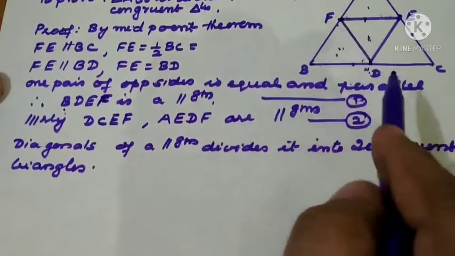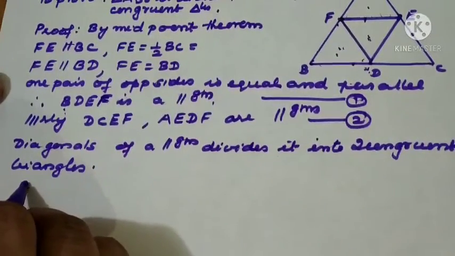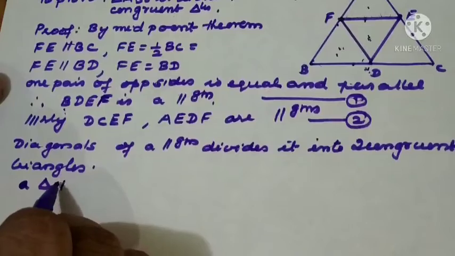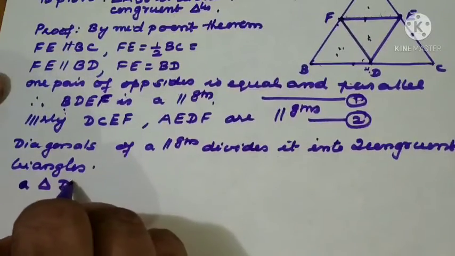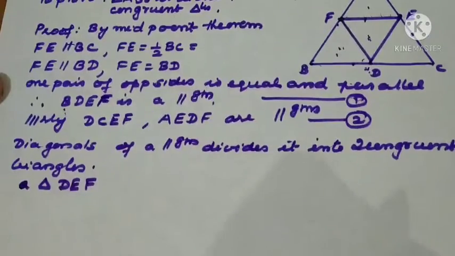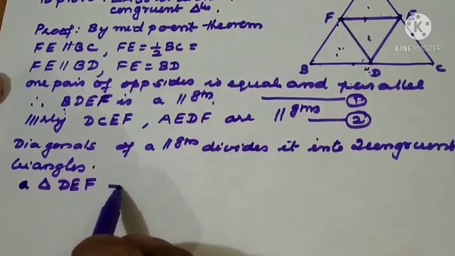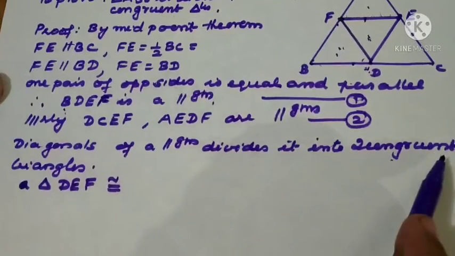So which is the triangle? I'll write here, triangle DFE, or I can write triangle DEF. I am taking triangle DEF is congruent, because we know that it is congruent.